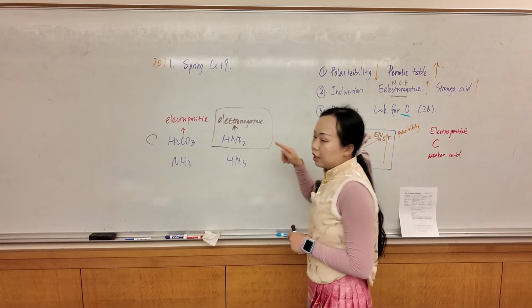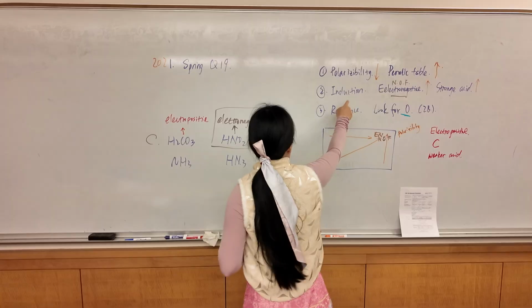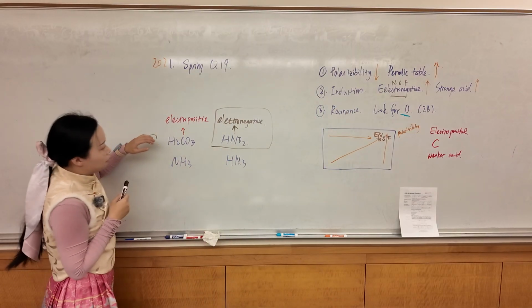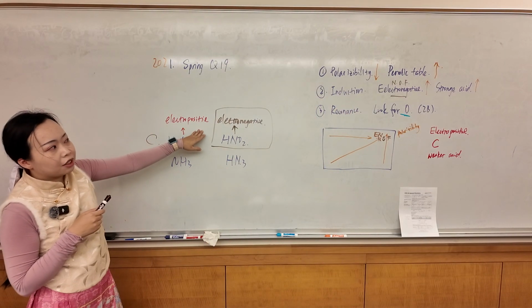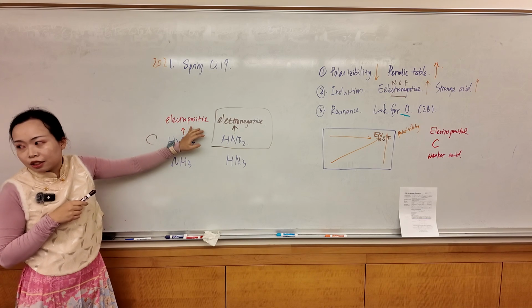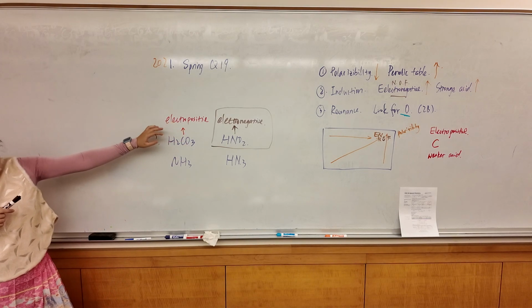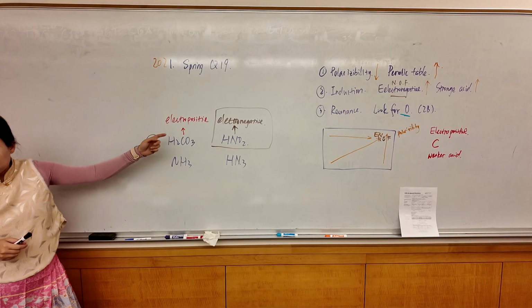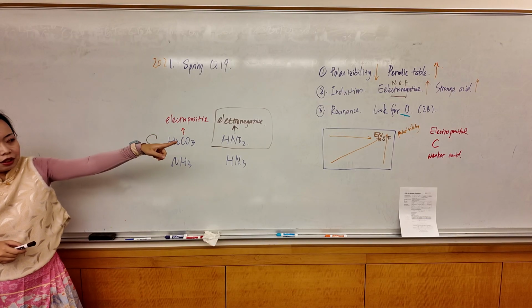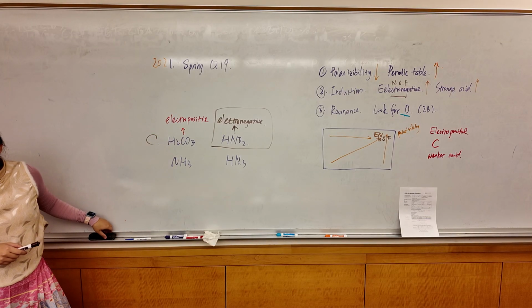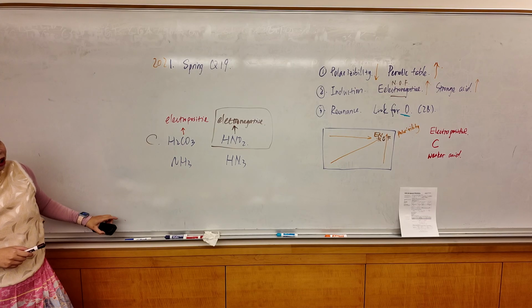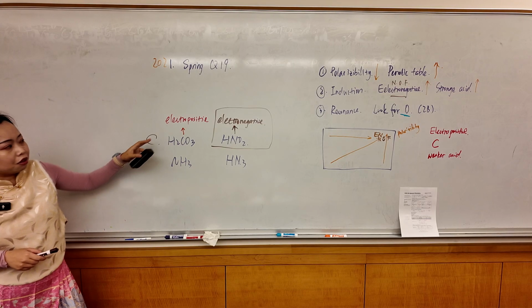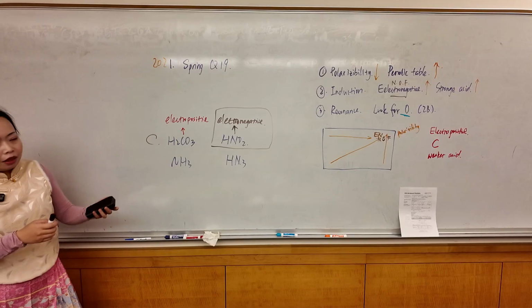If we want to test, this is called induction. So if they're electropositive or electronegative, it's called induction. I'll explain what induction is in the class, but just as a shortcut for your exam, this is the way to learn. I will have a huge magnet tomorrow to show you.